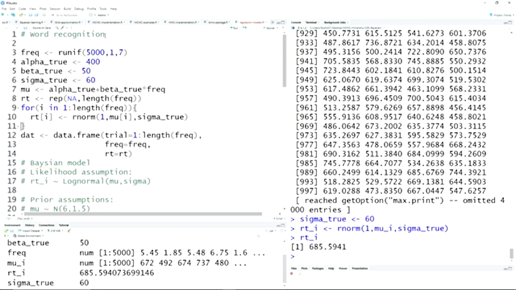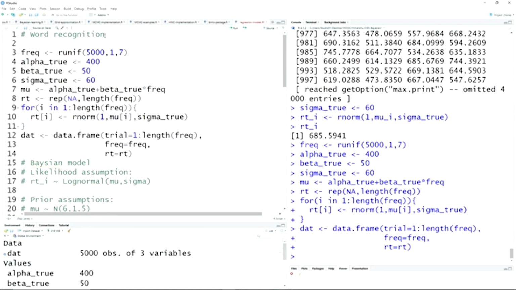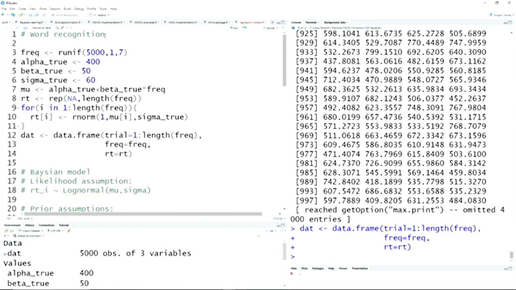Okay, so let me do this, and I've stored it in a data frame. So basically I should now get RT as a vector. Okay, so these are the reaction times, and now my data frame has been created.